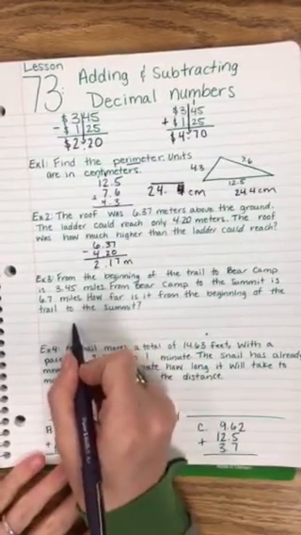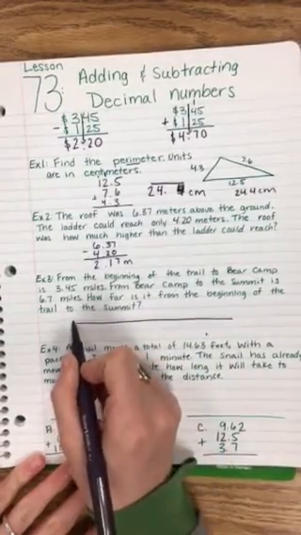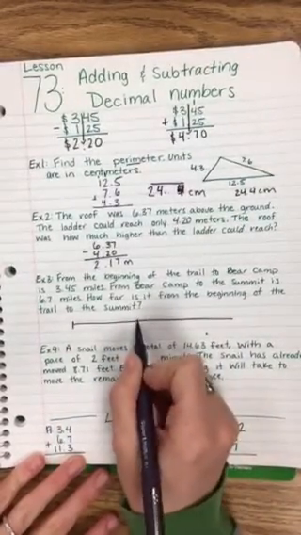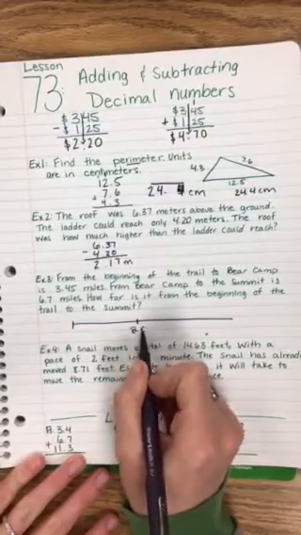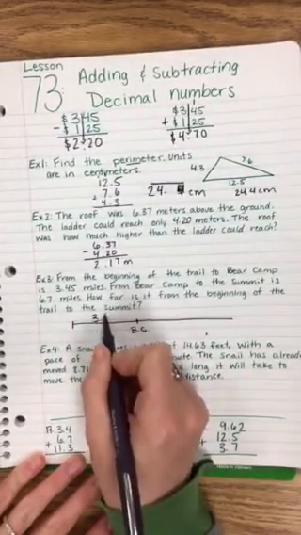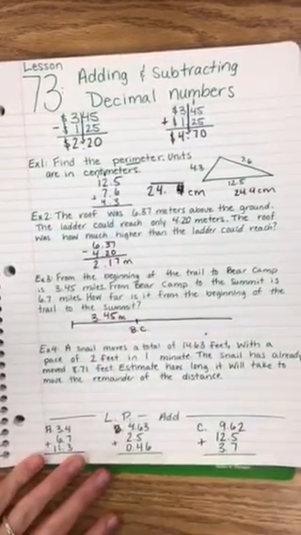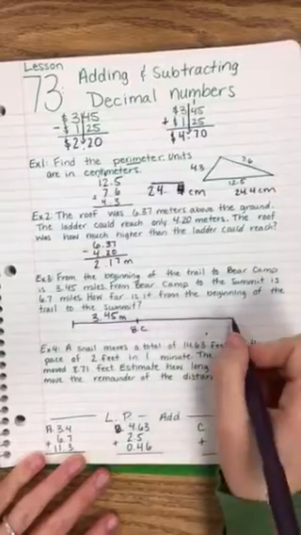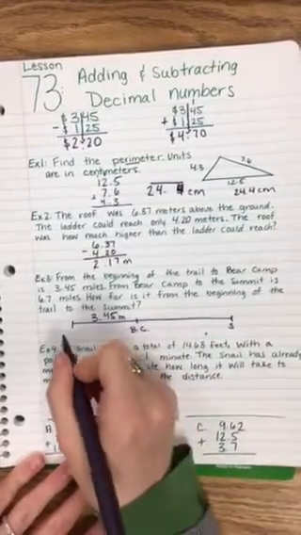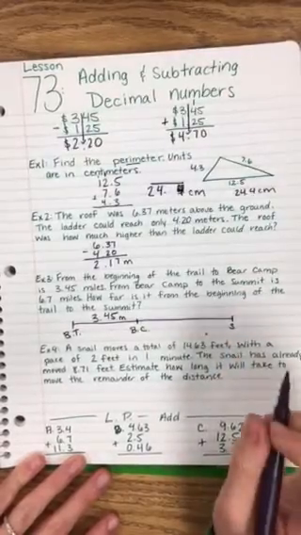So we're going to make a line, and we have from the beginning of the trail to bear camp, we'll call that BC for bear camp, is 3 and 45/100 miles. And from bear camp to summit, this will be the beginning of the trail, BT, and this is the summit.